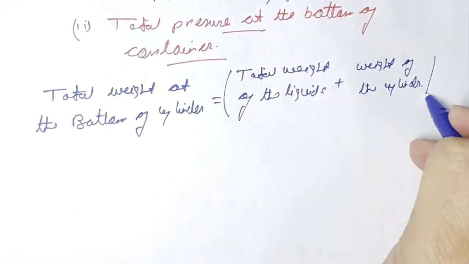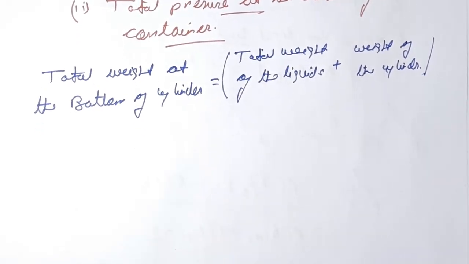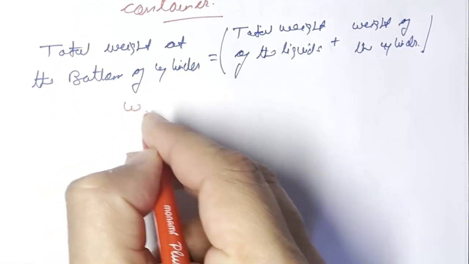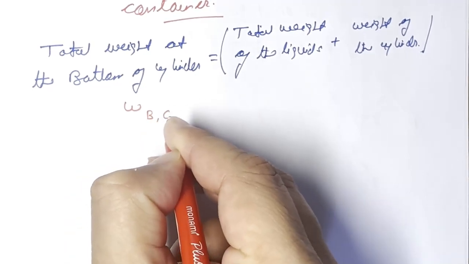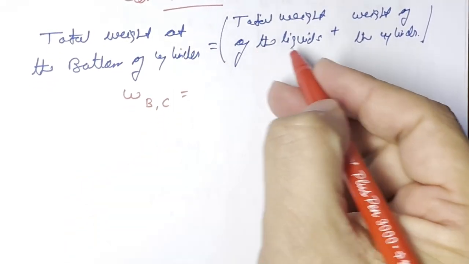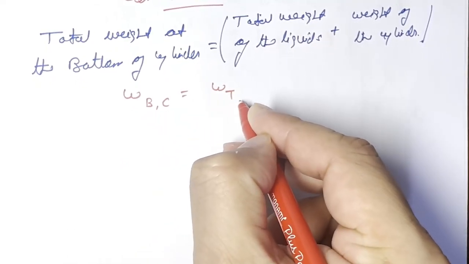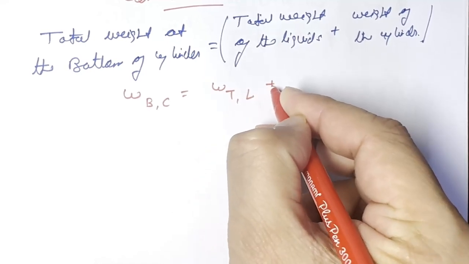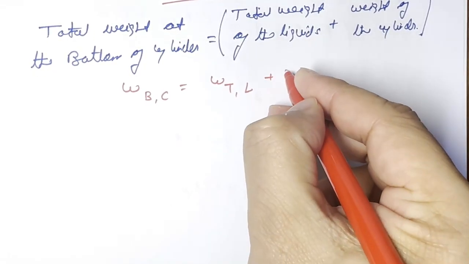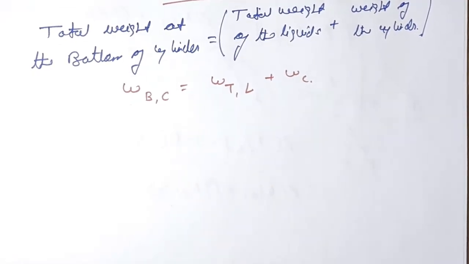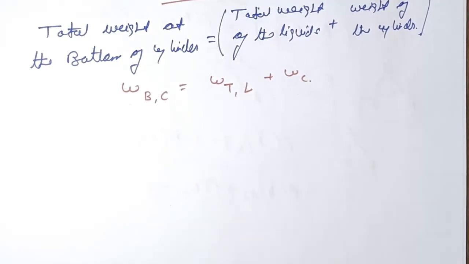So total weight at the bottom, we are going to call weight at the bottom with respect to cylinder, and total weight of the liquid, we are going to call weight total with respect to liquids, plus weight of the cylinder, WC. So let us start with weight of the liquids.